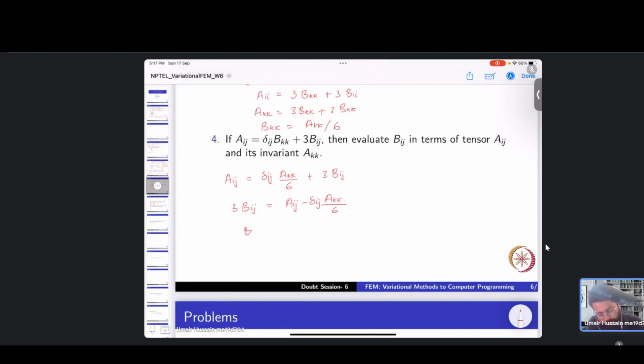So we have bij equals 1 by 3 times aij minus delta ij times akk by 6. So this is the expression for bij in terms of the tensor aij and its invariant akk.